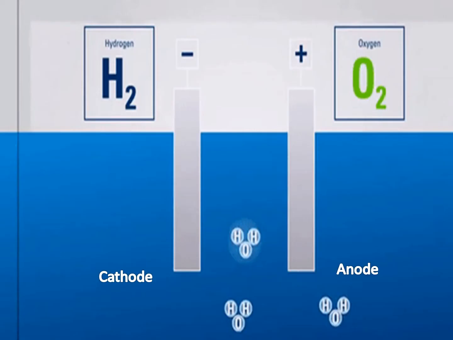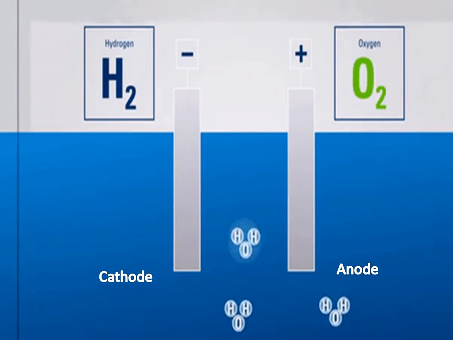The next example we have is water's decomposition into hydrogen and oxygen when electric current is passed through acidulated water. We know that pure water is not a good conductor of electricity. That is why whenever water is taken for electrolysis, we add a little acid into it so that electric current can pass through it and the decomposition can take place.